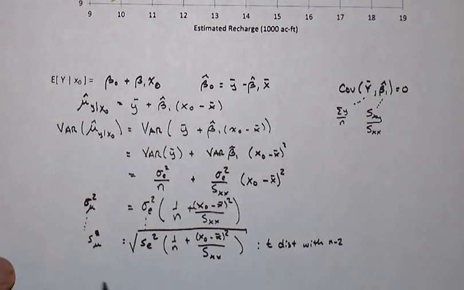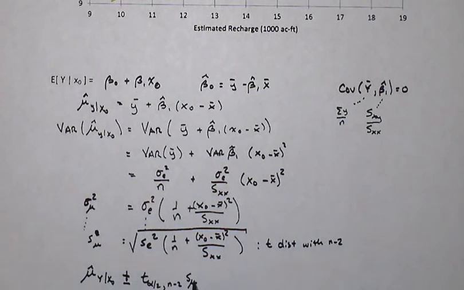So for our conditional mean of y given x naught, our confidence interval will be the estimate plus or minus the t critical value, t alpha over 2, n minus 2, times that standard deviation.